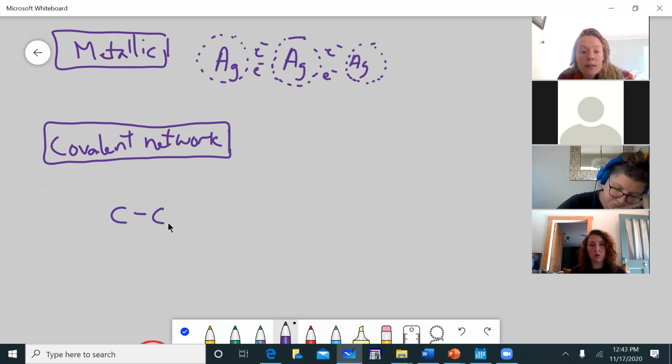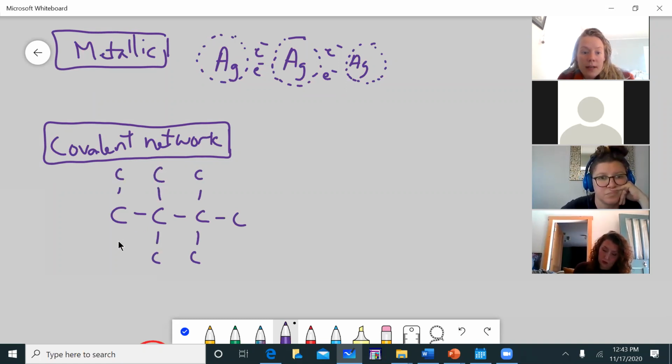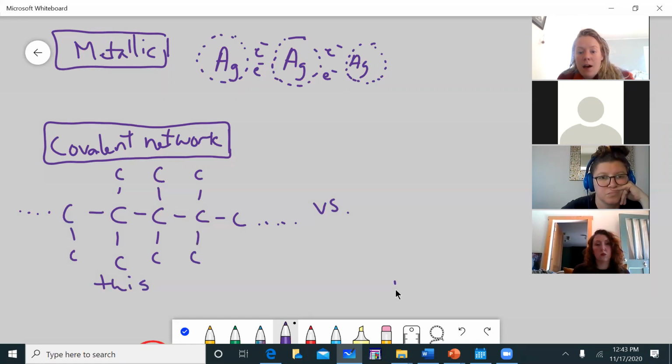So we've got carbon bonded to carbon, bonded to carbon, and there are carbons coming off of this thing in all directions. And this has a carbon, and we could just continue it on. As opposed to this, not this, which would be, let's say, methane, carbon attached to a hydrogen, attached to a hydrogen, attached to a hydrogen, attached to a hydrogen. And this is an isolated molecule, right? We're looking more at a structure where we have covalent bonds throughout.